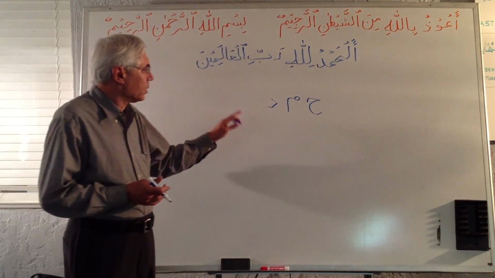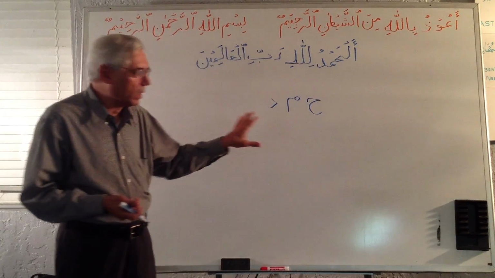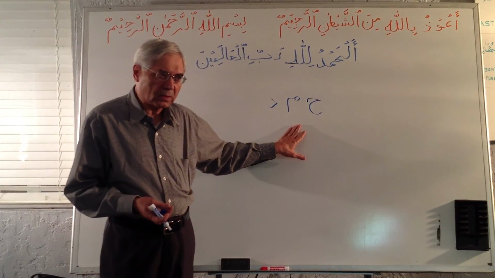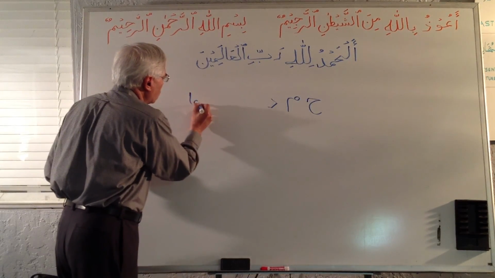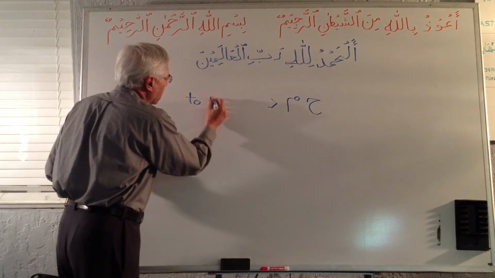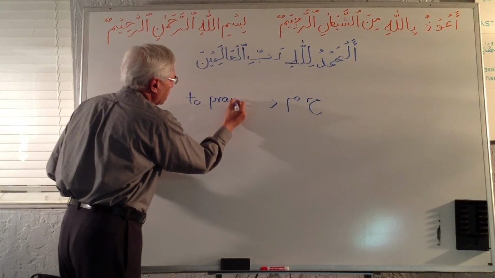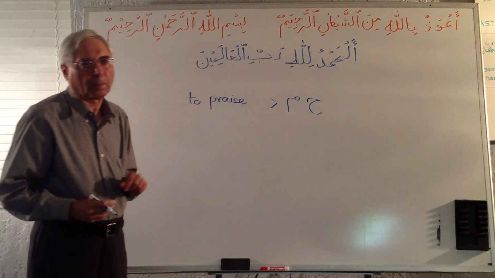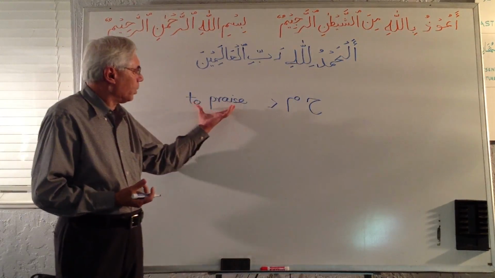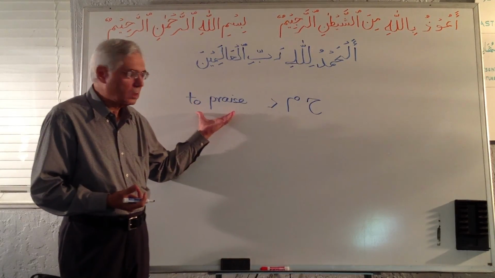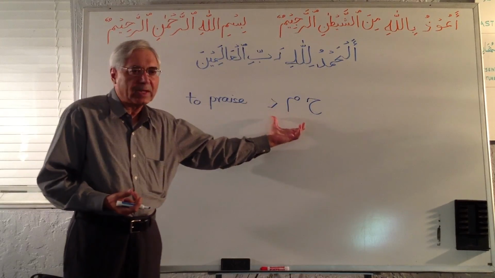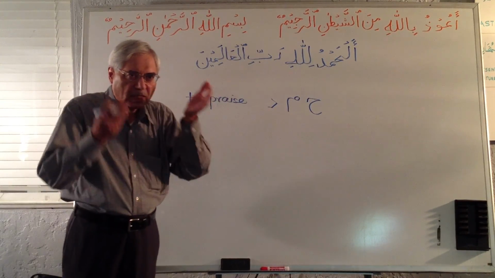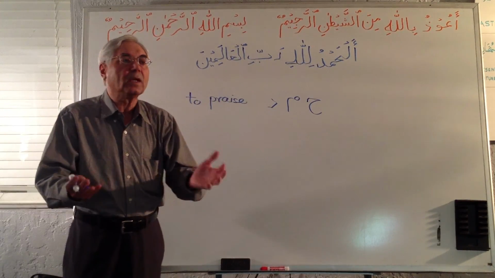The meaning that will come out from these three letters will be, in English, close to the word to praise. When we make a sentence from the English word to praise, and we make a sentence of these three letters, then they will start having the real meaning.